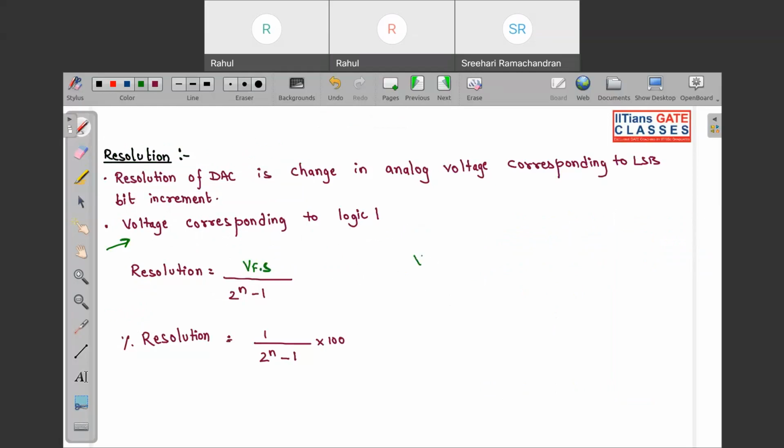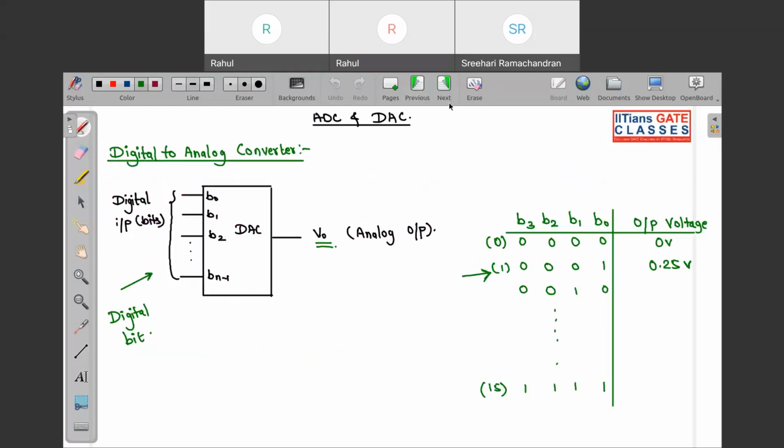VFS. What do we mean by VFS? It is the full scale voltage. Assume that in our case the voltage corresponding to 0001 was 1 volt.